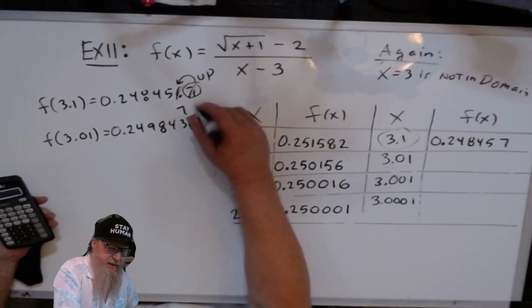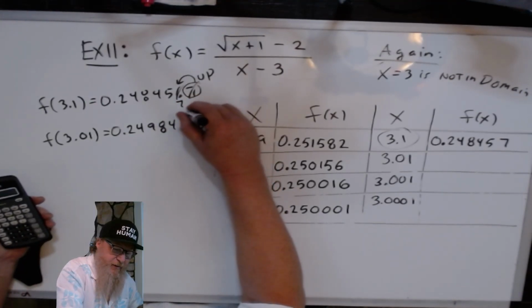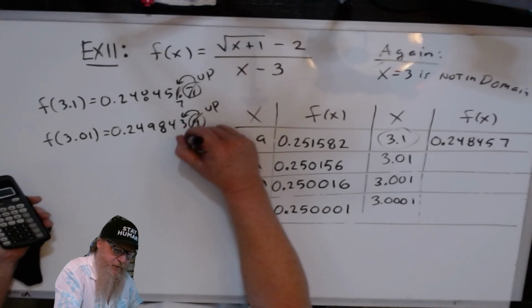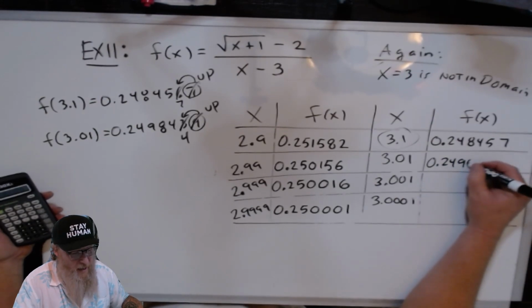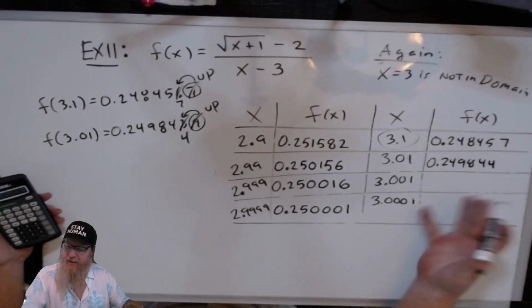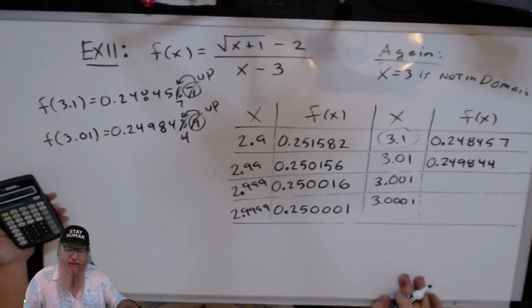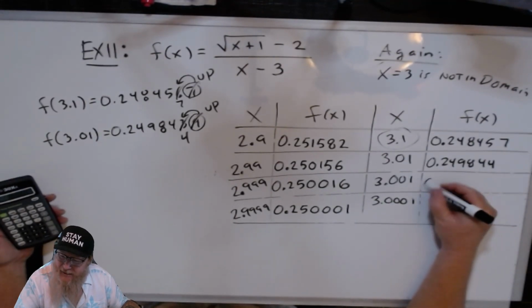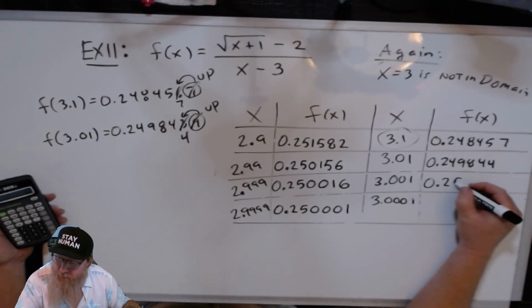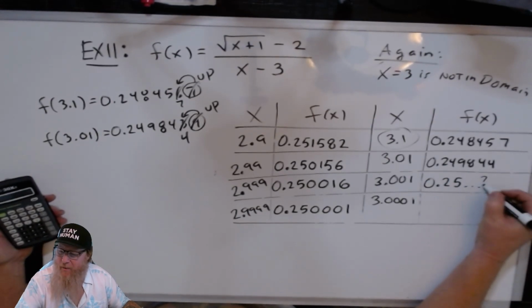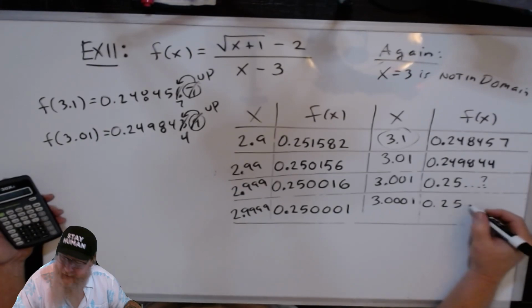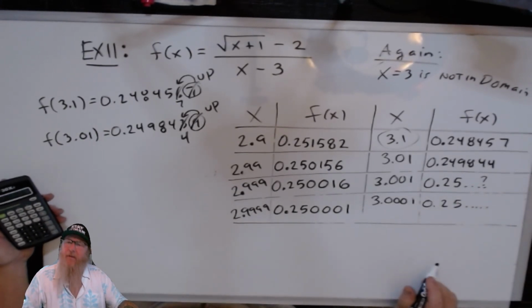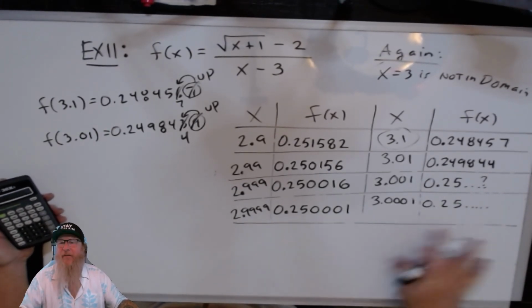Again, the 9 is going to round this up to a 4. So 0.249844. Do you see the pattern yet? I'm guessing it's going to be 0.25, but I don't know what the rest is. My guess is they're going to be very similar.